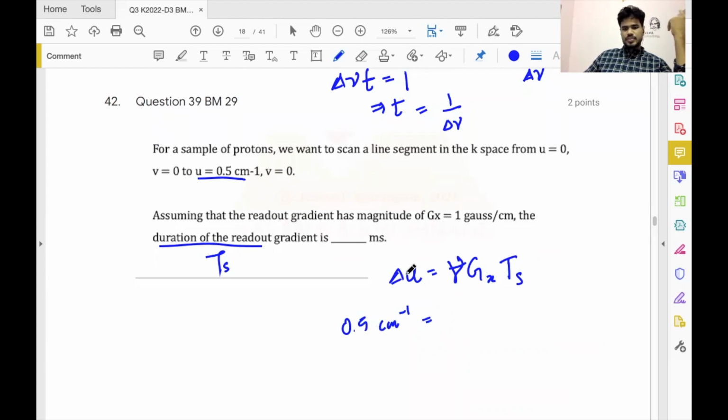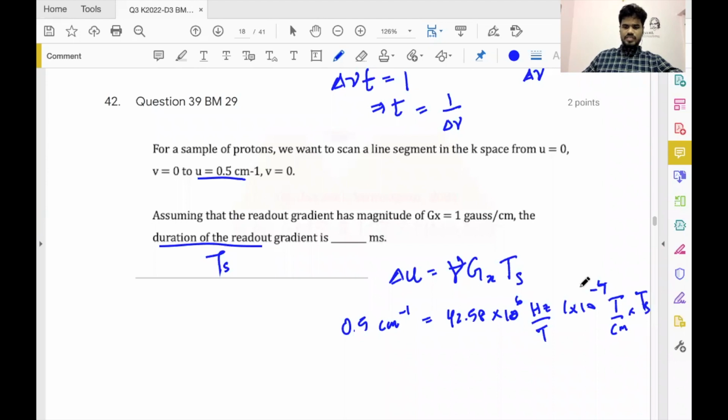This is 42.58 into 10 power 6 hertz per Tesla, times Gx, that is 1 into 10 power minus 2 Tesla per centimeter, times Ts.